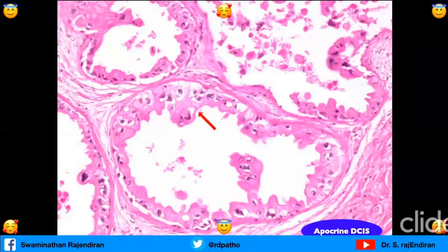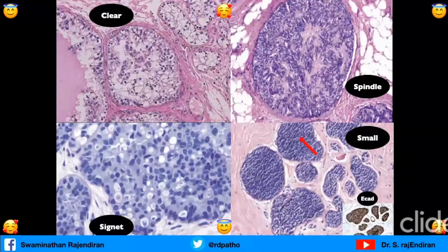Coming to the cell types, this is apocrine DCIS, clear cell DCIS, spindle cell DCIS, signet cell DCIS, and small cell DCIS. Sometimes it may look like lobular carcinoma, but you do E-cadherin. The small cell DCIS will be positive for E-cadherin, whereas LCIS will be negative for E-cadherin.